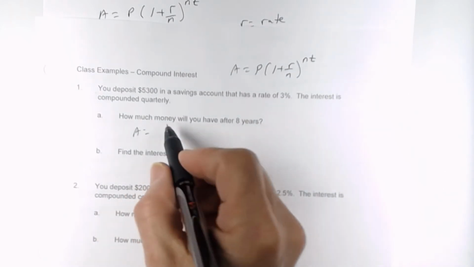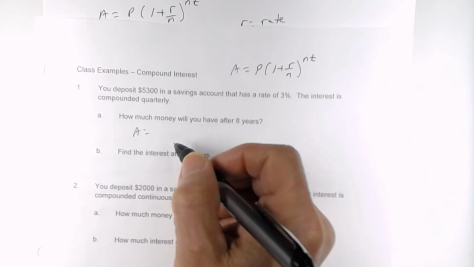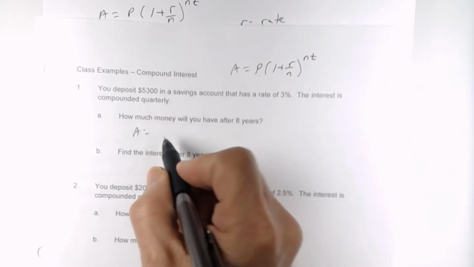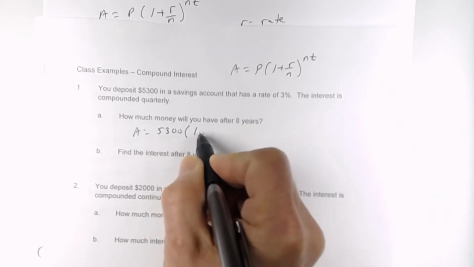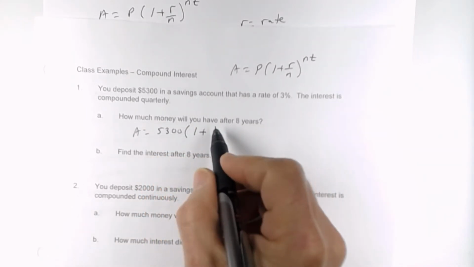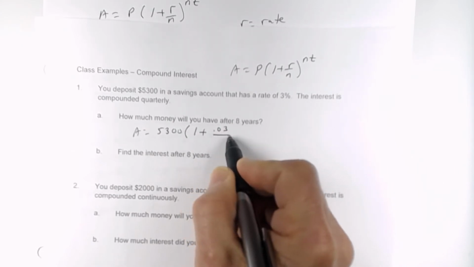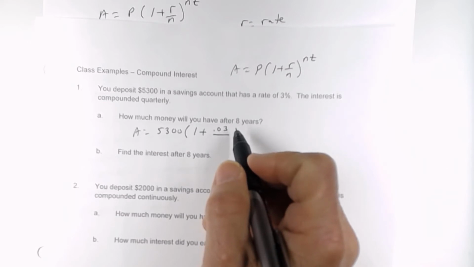So you're going to say A equals P. What's the principal? What's the original amount? 5,300 times 1 plus R. What's the rate? 0.03 divided by N. Remember, N is the number of times it's being compounded a year.